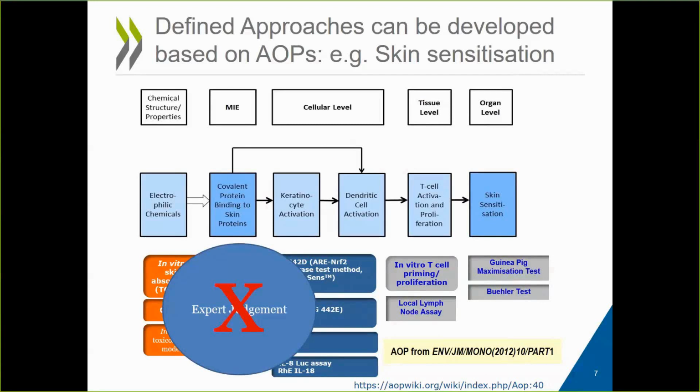But the take-home message here is because the information sources are fixed and have been identified and are conducted according to very rigorous test guidelines, and the data interpretation is fixed, it removes the aspect of the expert judgment from this process. And once again, this means that any two individuals or laboratories or regulatory authorities that are relying on information from the same defined approach should come to the same conclusion.